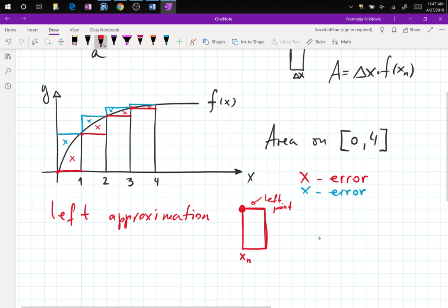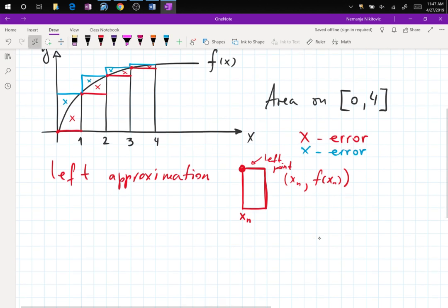So this left point on top will have xn, comma, f of xn as the coordinates. I also said earlier that each one of these lengths over here is going to be called delta x. And that's simple in this case: 1 minus 0, 2 minus 1, 3 minus 2, 4 minus 3, which is always 1 in our case. We'll get the formula for that as well.